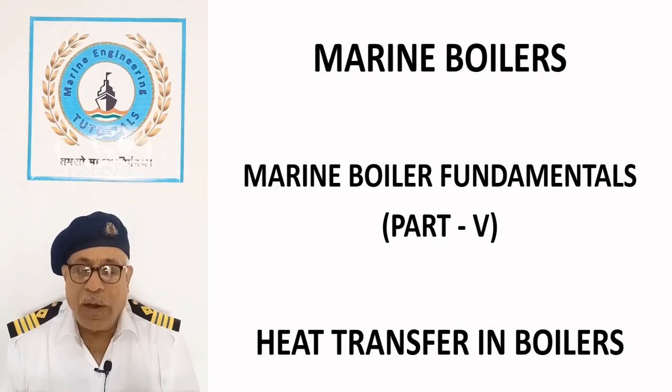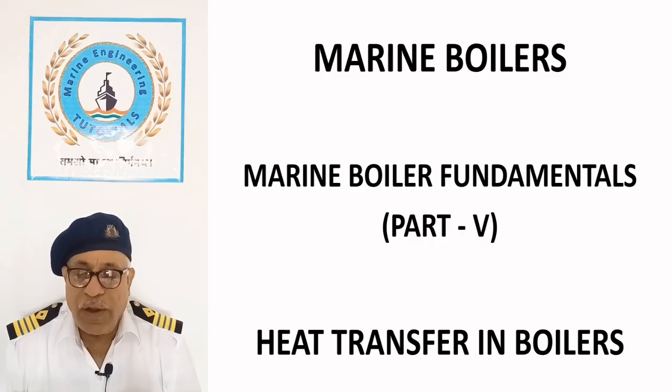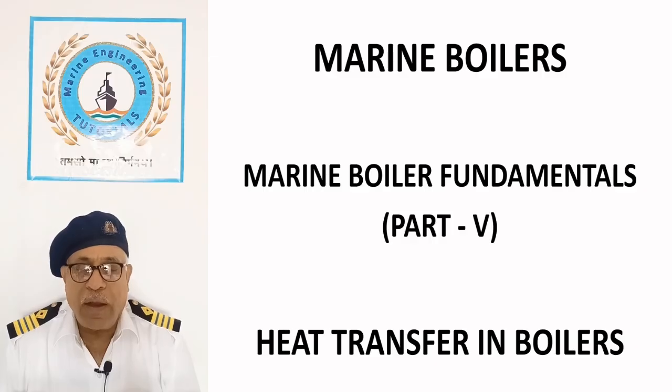After that, we will learn about the conditions for maximizing heat transfer through conduction, including factors like surface area, material thickness, and tube design. Finally, we will examine the design considerations required to manage stresses in high pressure boilers without compromising safety or efficiency. Let's now go through each of these topics one by one in the following slides.